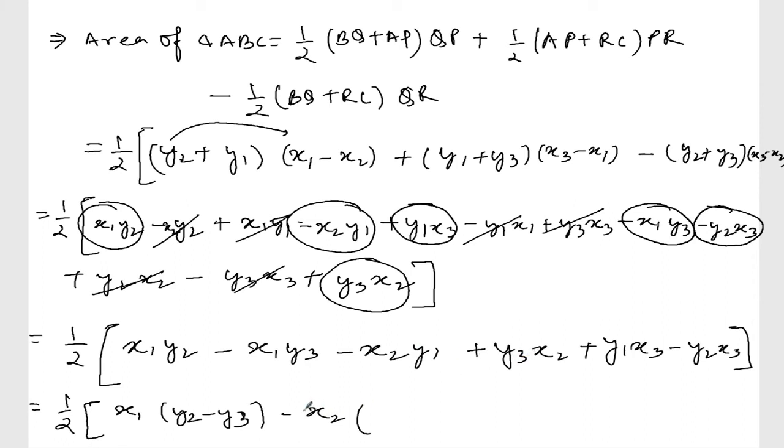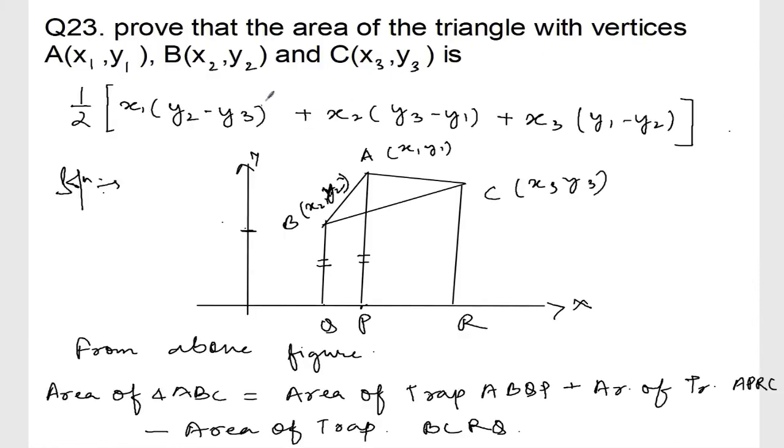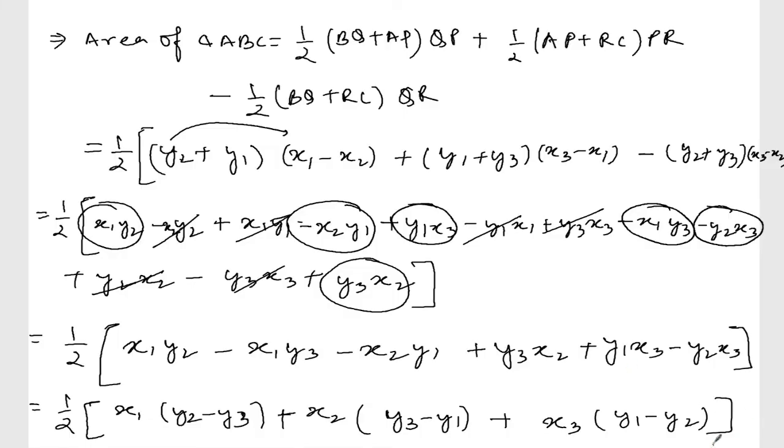Or if you take plus X2 common, it will be Y3 minus Y1, plus, if you take X3 common, it will be Y1 minus Y2. Okay, and this is what they are asking us to prove, that area of triangle is this one, right? So we have proved, so this is hence proof.